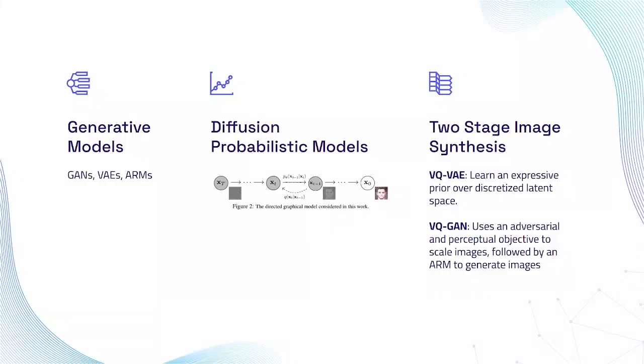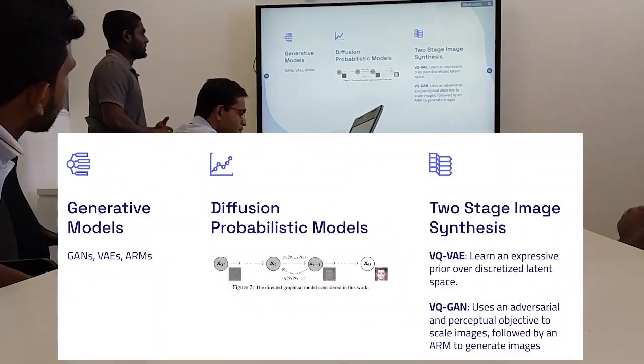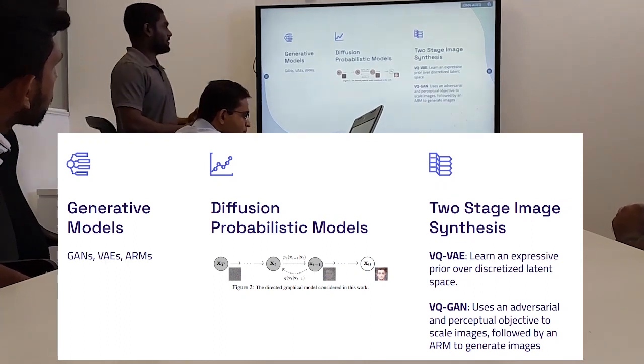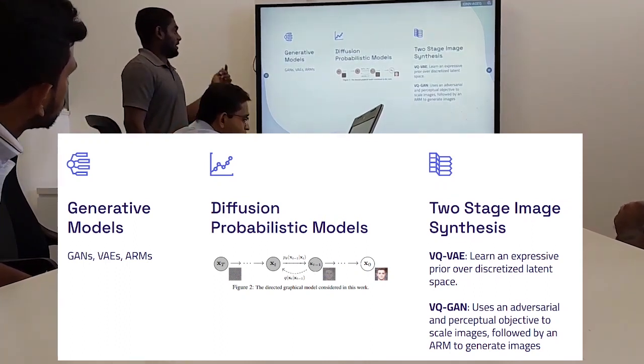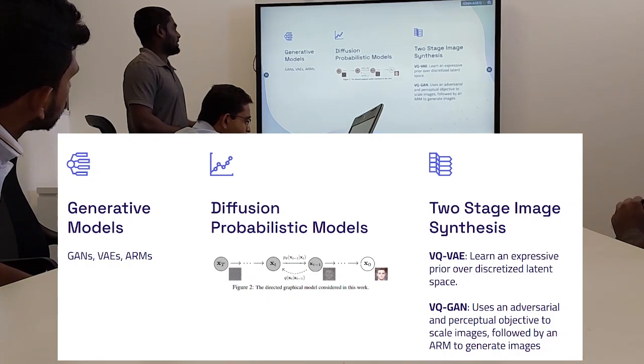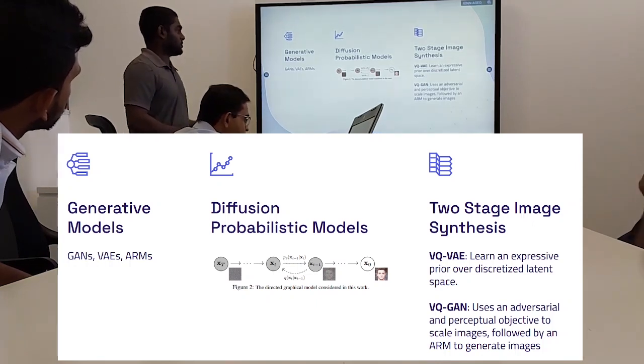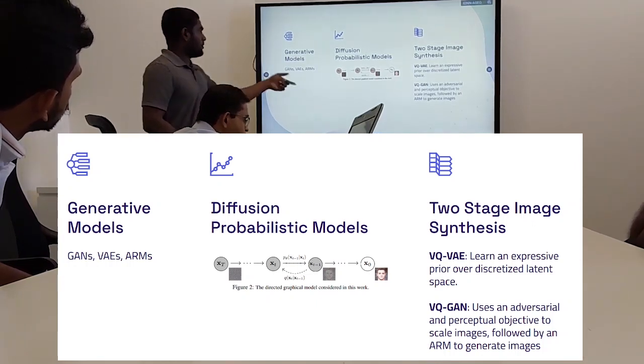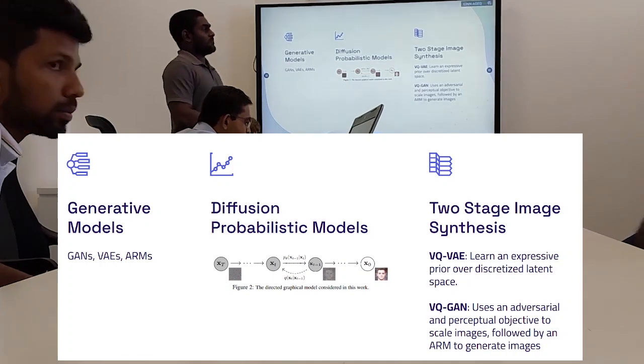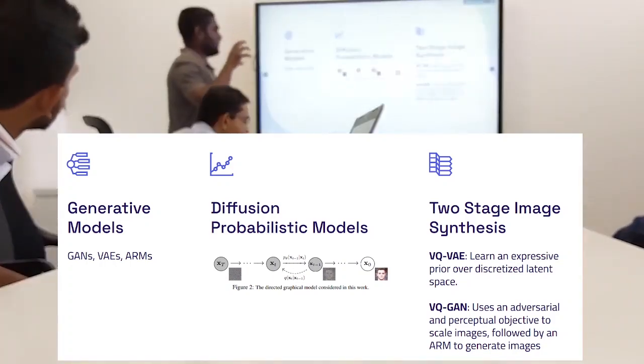So generative models. That means we use a model to generate images. Initially people used GANs, that means generative adversarial networks. I think we have discussed it within this group, and then came variational autoencoders and also auto-regressive models. Variational autoencoders basically encode an image into a variational space.